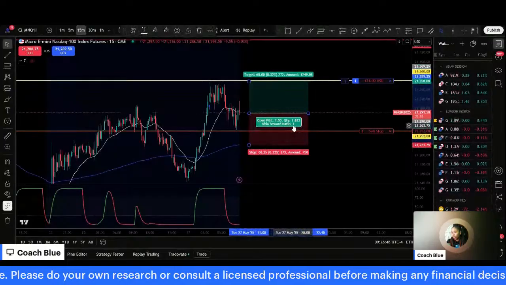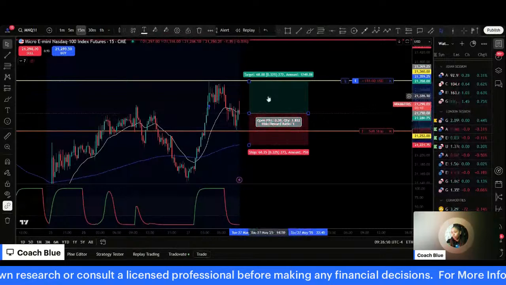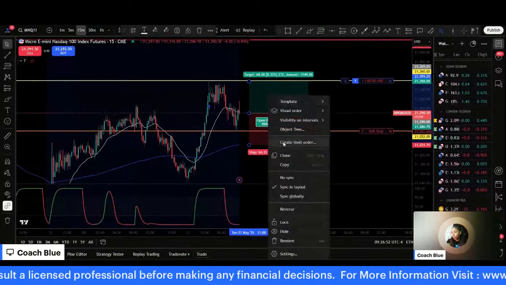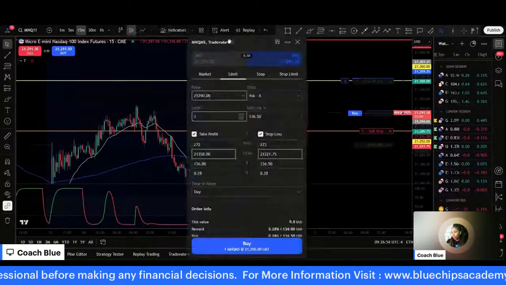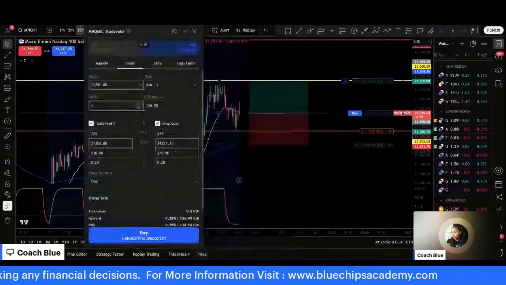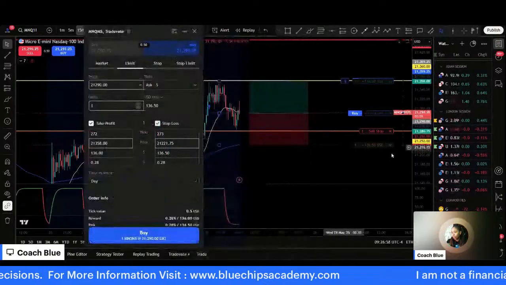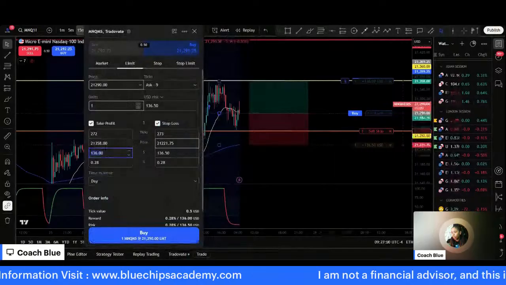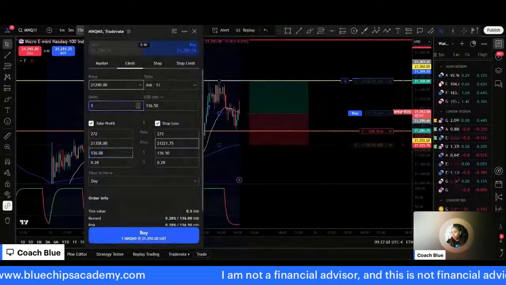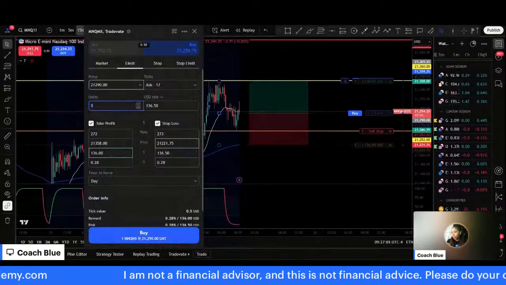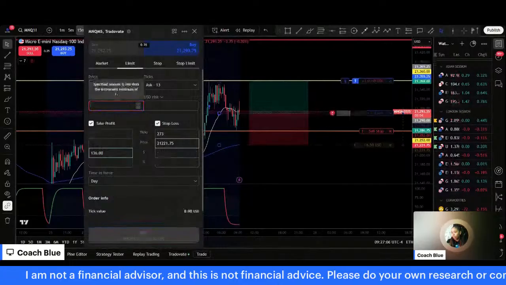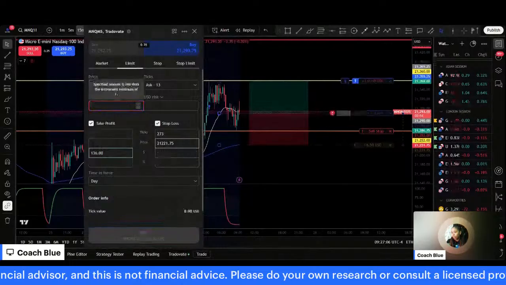Now, if I right click and I go to create limit order, I can say, okay, my stop loss would be here. So I will be risking $136 with one contract. If I put in 2 contracts, of course, that changes.